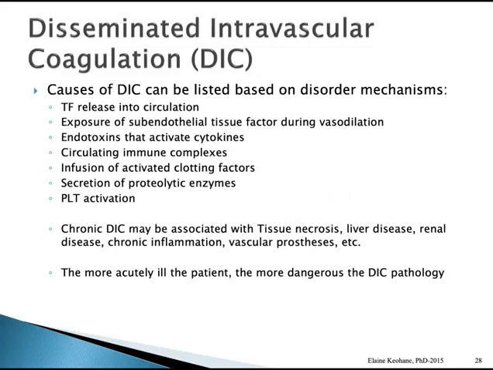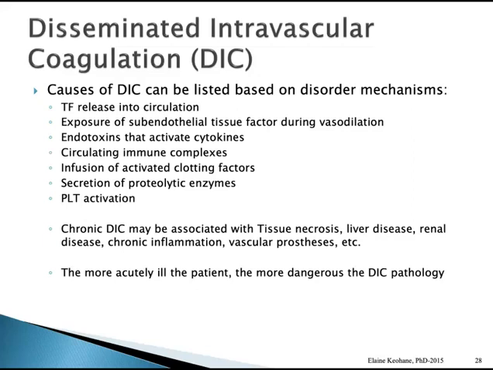Here are the causes of disseminated intravascular coagulation, and they can be listed based on the disorder mechanism. It can be due to tissue factor release into circulation, exposure of subendothelial tissue factor during vasodilation, endotoxins that activate cytokines, circulating immune complexes, infusion of activated clotting factors, secretion of proteolytic enzymes, and platelet activation.